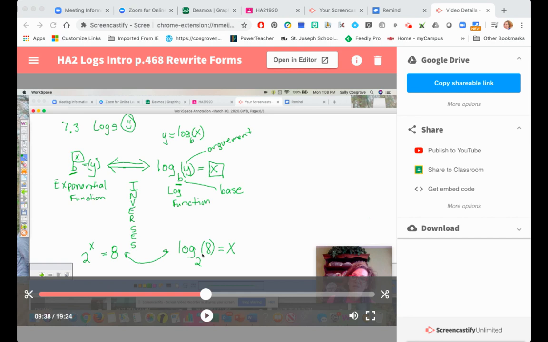So let me just play around on my calculator. 8 to the first is 8. 8 squared is 64. 8 to the third power. Guess what 8 to the third power is? 512, right?